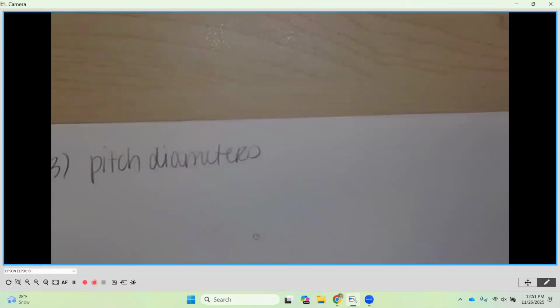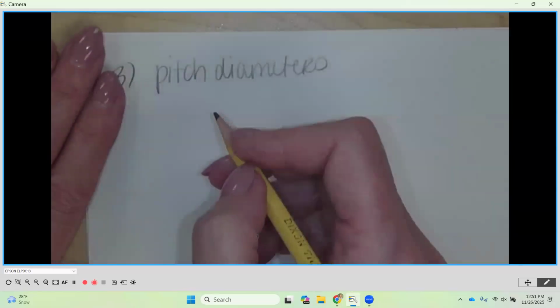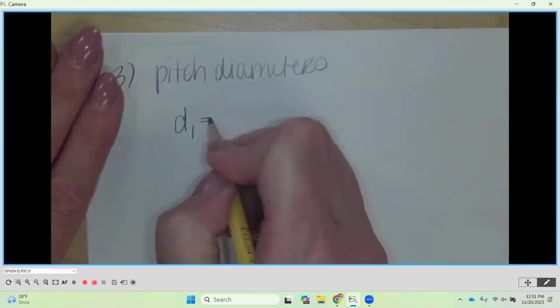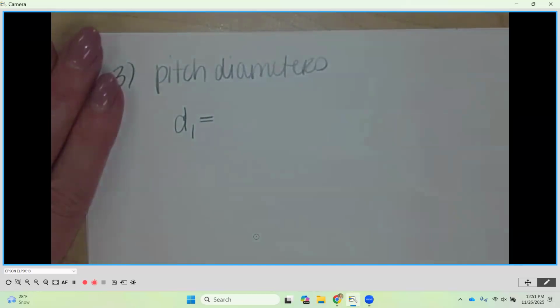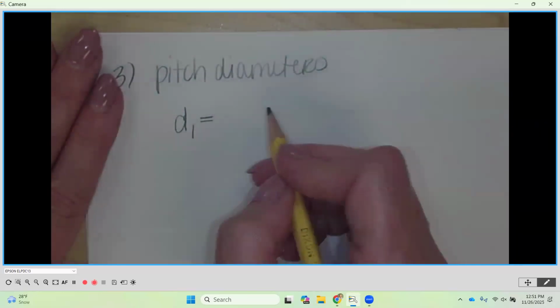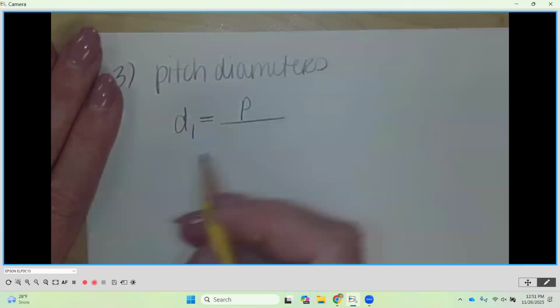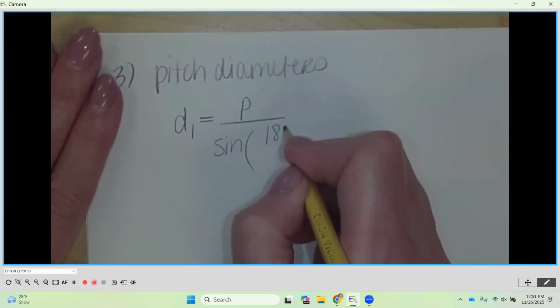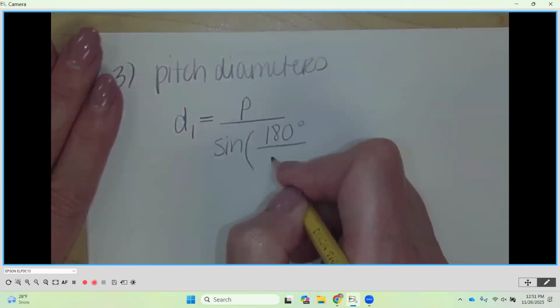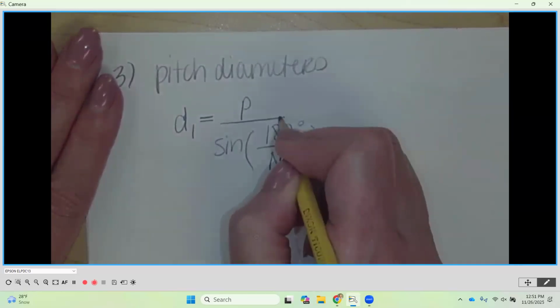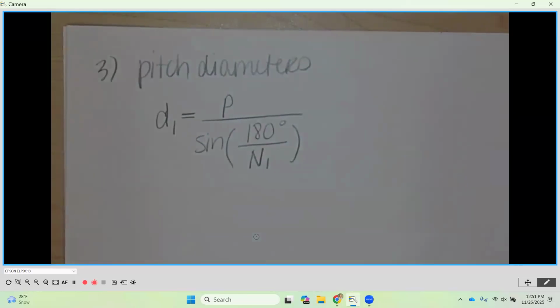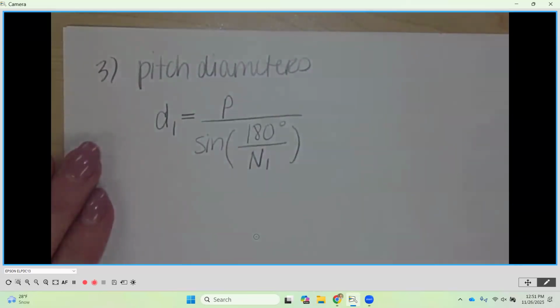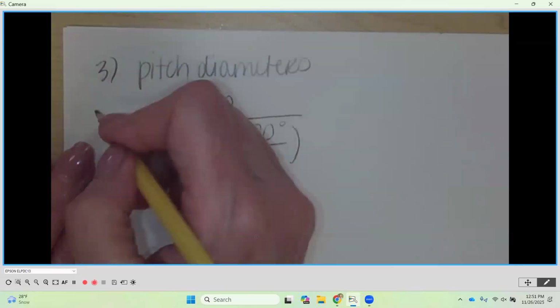So we look over here and say, D1, that's our driver, is equal to the pitch divided by sine of 180 degrees divided by N1. And again, that's equation 1110.